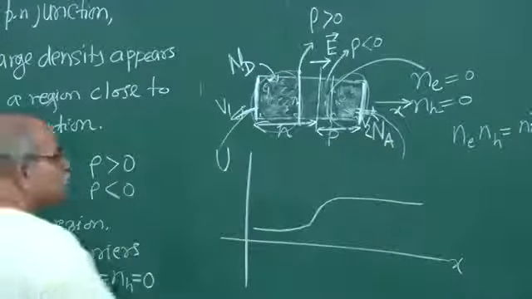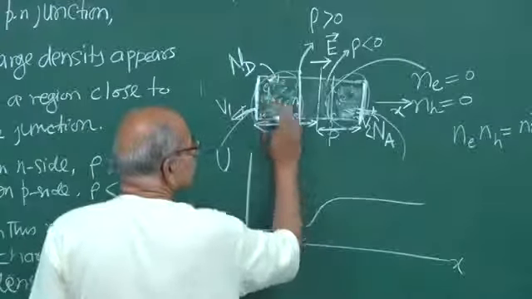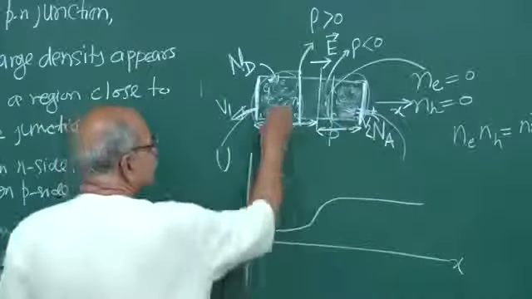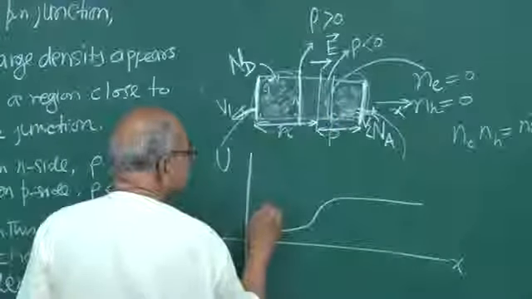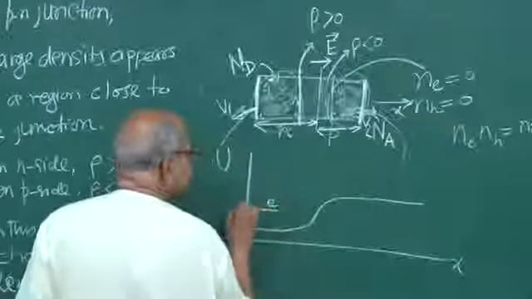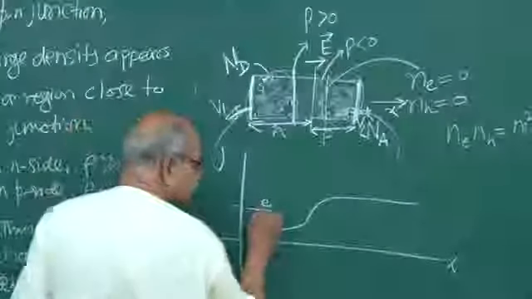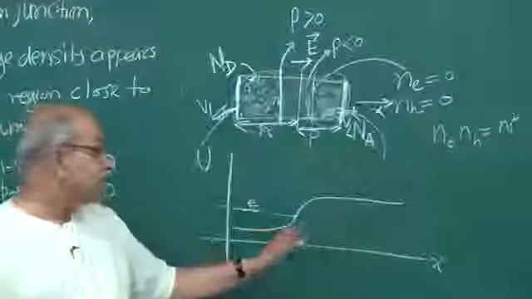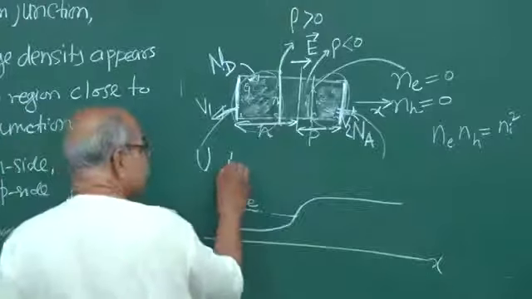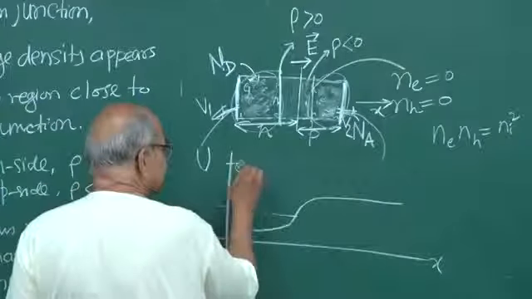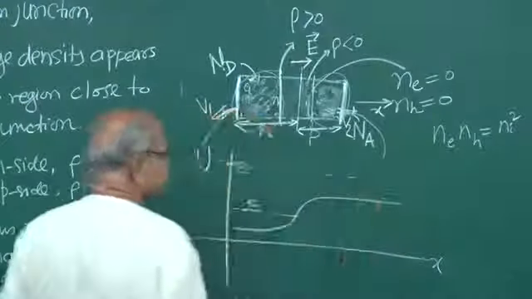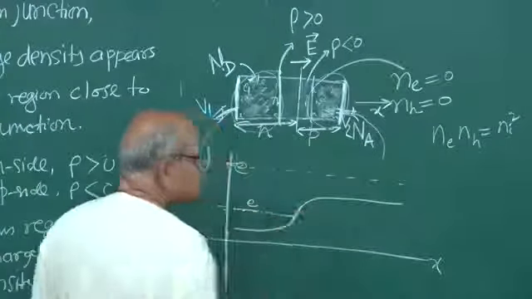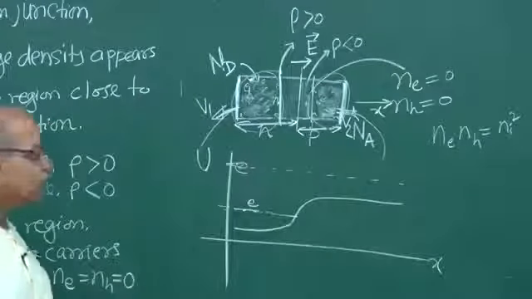So if electrons try to go from this negative side to that positive side, N type to P type, left to right, and if they have some energy, say this is the energy of the electron, then it finds that there is a barrier out here. If the electron has this much energy, then this electron can go into this region. But if the electron has this much energy, it cannot penetrate, at least classically.